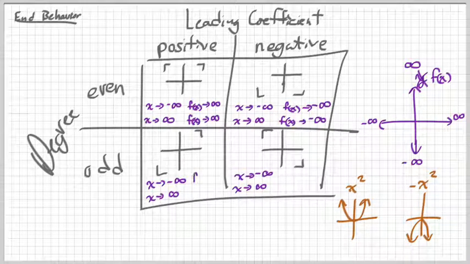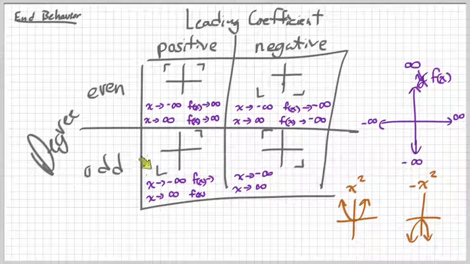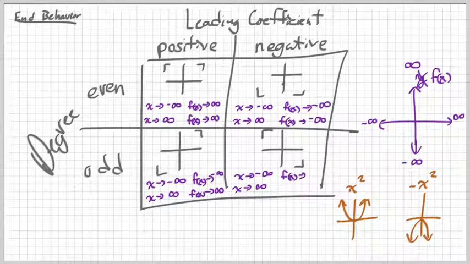Now what about the f of x for this first one? For the f of x, what's the left side doing? This is the left side. Down, so negative infinity. And then what's the right side doing? Up. Positive infinity. Are you getting the hang of this? Okay, so what's this one?